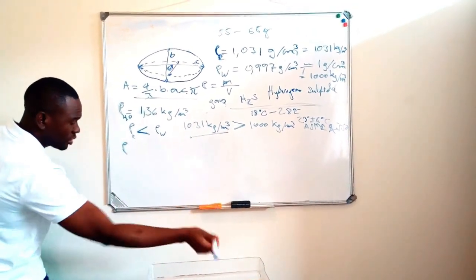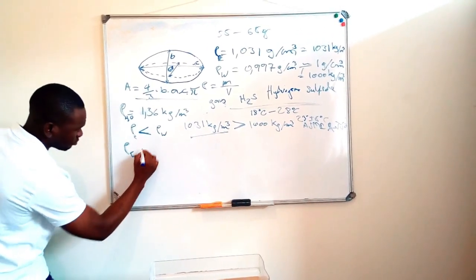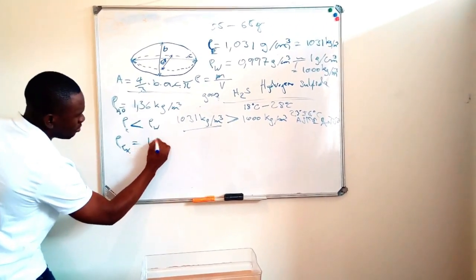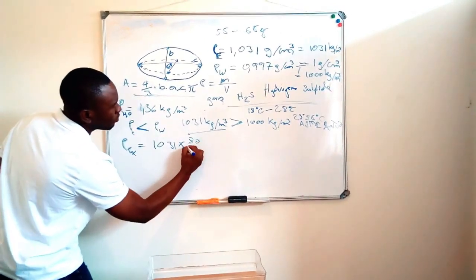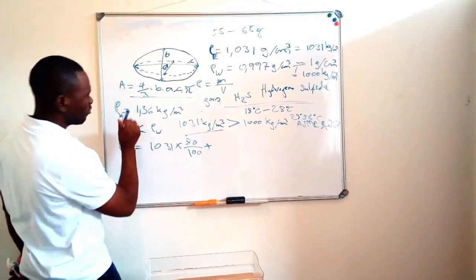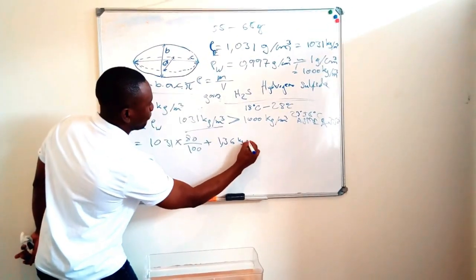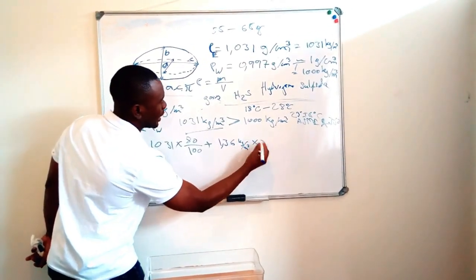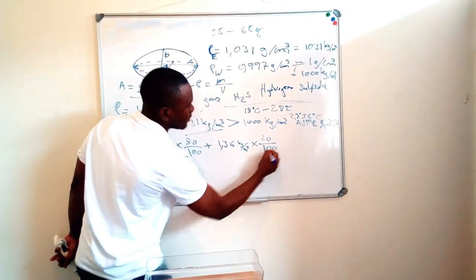So the density of these floating ones, the expired egg, will be equal to 1031 multiplied by 80% divided by 100, plus 1.36 kilogram per meter cube multiplied by 20 divided by 100.